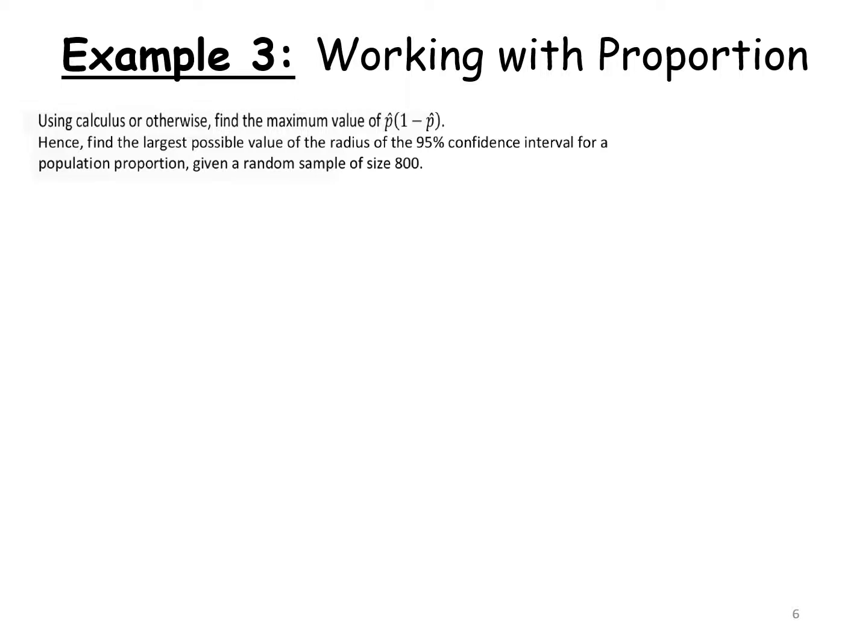So now let's work a little more with proportion. And an interesting little question here from the actual exam papers, linking in with a little bit of calculus. It says, using calculus or otherwise, find the maximum value of p hat times 1 minus p hat. So I'm going to start this as a y, and I'm going to have p hat times 1 minus p hat. Now, you can work with the product rule here.